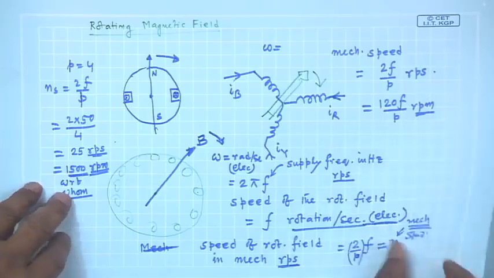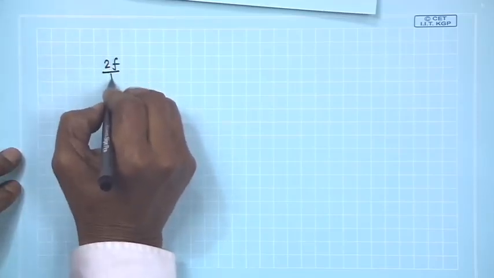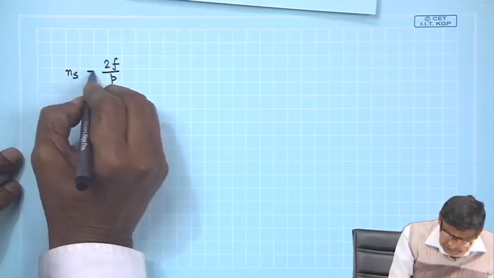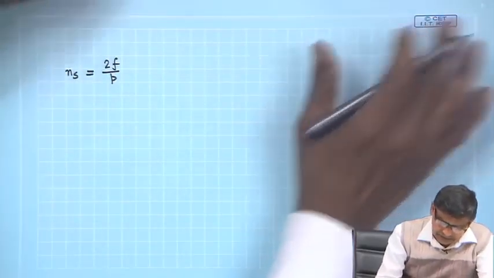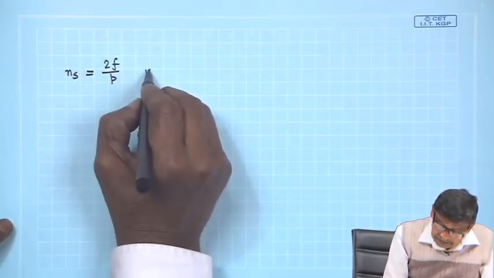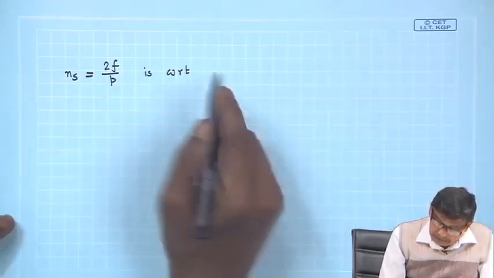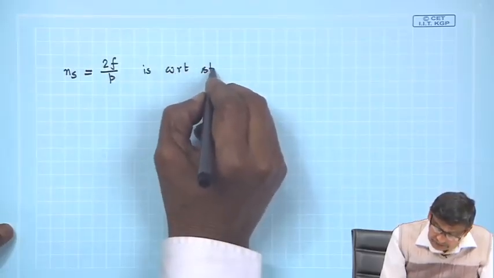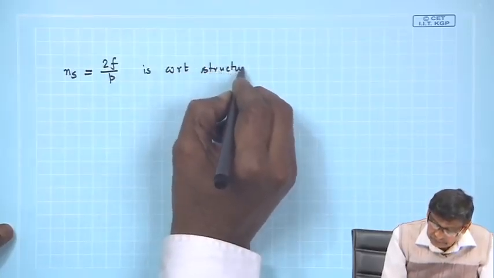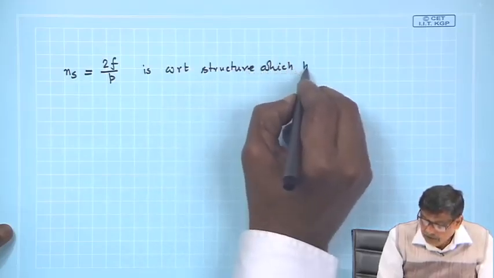This I am writing, you also write it down, this is very important, that speed 2 f by p, the mechanical speed or electrical speed, which is ns, this speed is with respect to the structure which houses the winding.